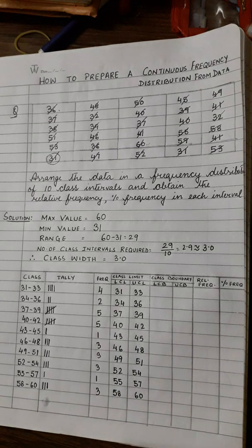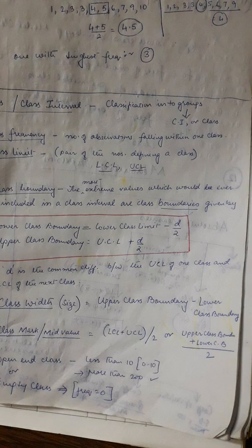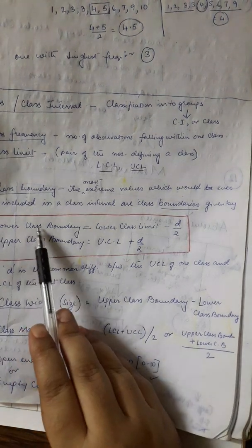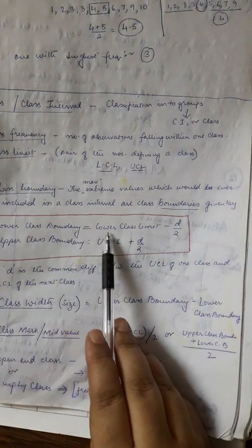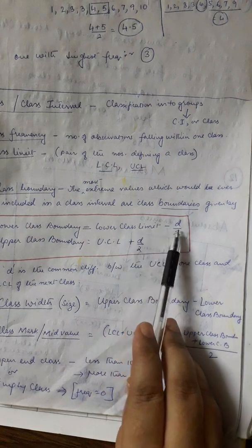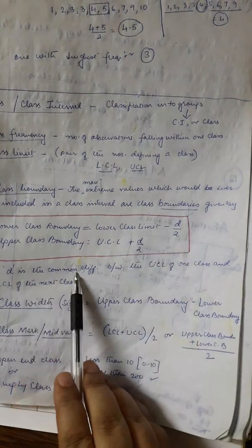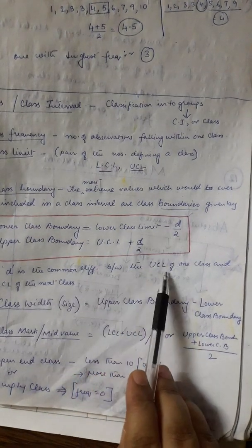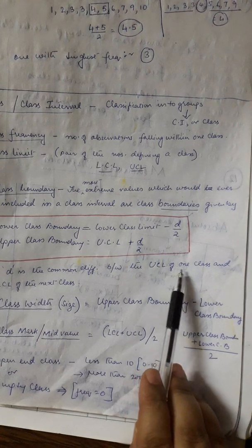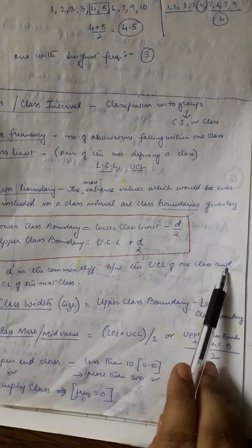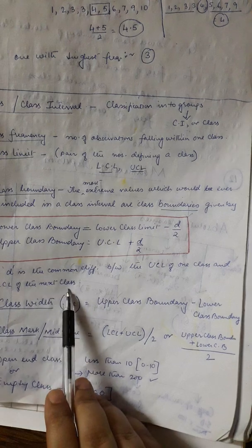For that, we are going to use a particular formula. The formula says the lower class boundary is equal to the lower class limit minus d by 2, where d is the common difference between the upper class limit of one class and the lower class limit of the next class.